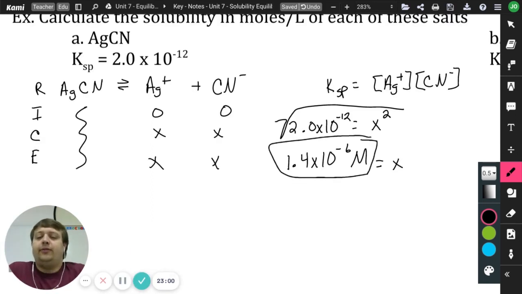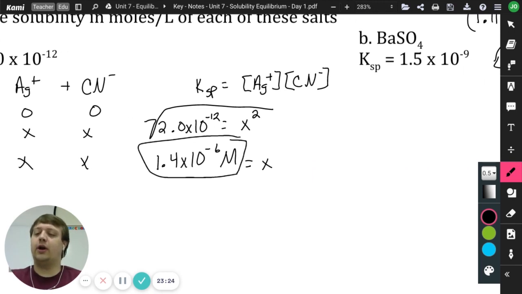All right, so here is what you should have ended up with. So first off, I did my Rice table. I had that silver cyanide. It produced a silver ion and a cyanide ion. So our initial amount was 0 for both. Our change was x. So then when we reached that equilibrium, that solubility, then we would have x and x.